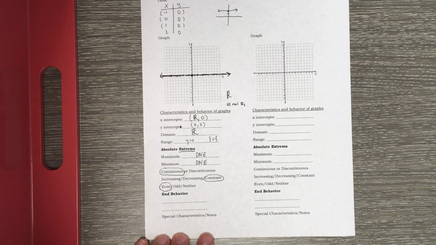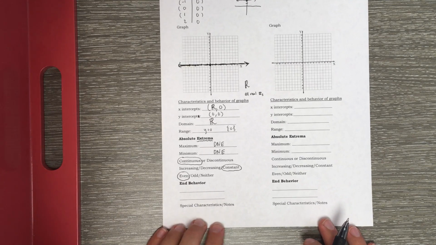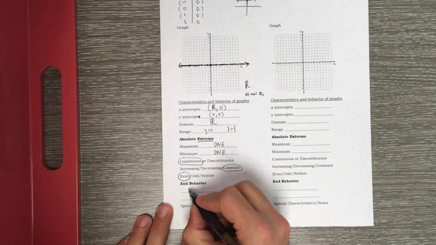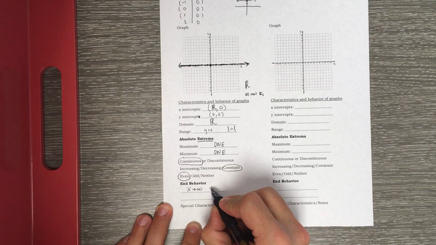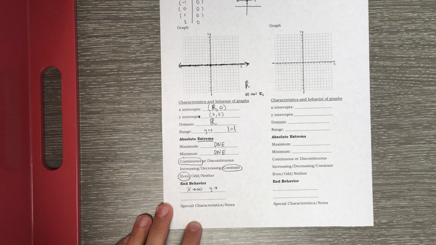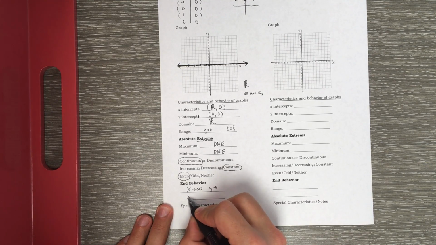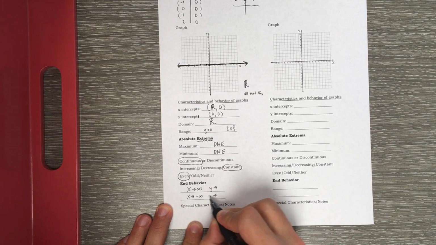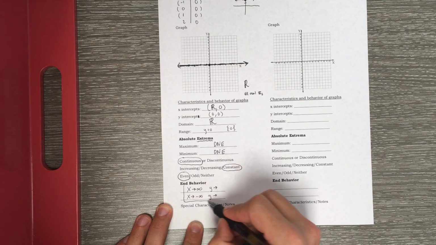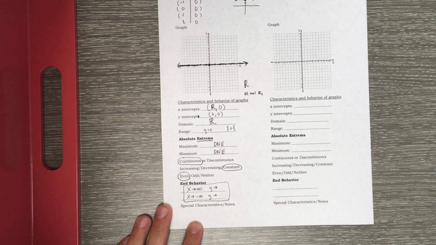So for this class, when I ask you to write the end behavior, and we're going to get to this in a few days, I'll ask you to write the following: as x arrow infinity, y arrow, and then you'll fill in an answer, and x arrow negative infinity, y arrow, and you'll give an answer. So this right here is how you write end behavior.